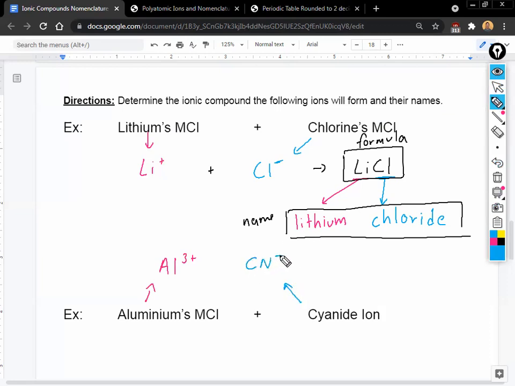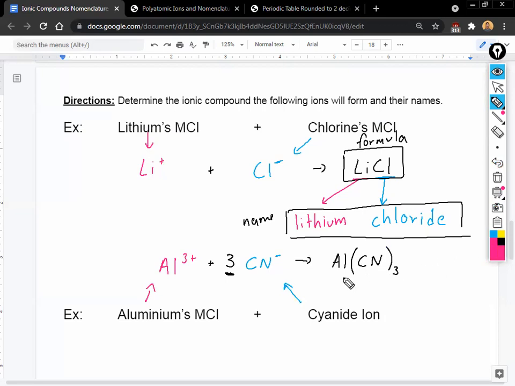All right, so which one do I need more of, aluminum or cyanide? Cyanide. And then how many do we need in total? 3, good. You are experts at this now. So we put them together and then we just write the formulas Al and cyanide next to each other. Since I use 3 cyanides, I have to put cyanide in parentheses and write a 3.